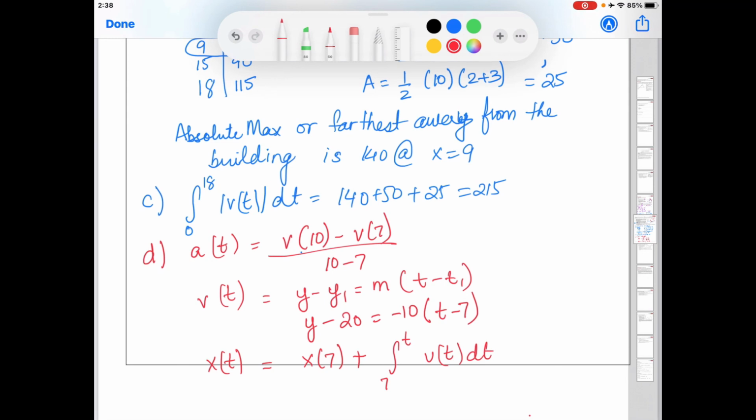We can substitute 10 for t. I'm just going to set this up for this question, from 7 to 10 of v of t dt, but you can find the value for anything. That integral can be used for any value, 7, 8, 9, anything after 7, is what I'm trying to say.